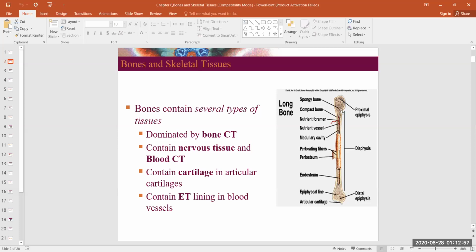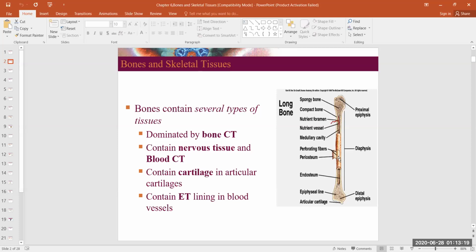To supply energy, nutrition, hormones, and all chemical compounds, particularly the electrolytes, if you see any bone, there will be several holes in the bone, and those holes are called nutrient foramen, and through the nutrient foramen, an artery enters inside to supply nutrition and oxygen.